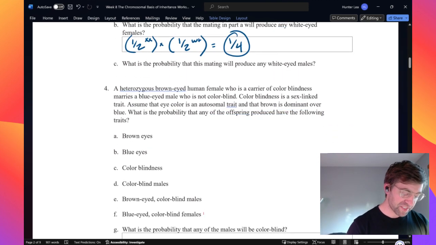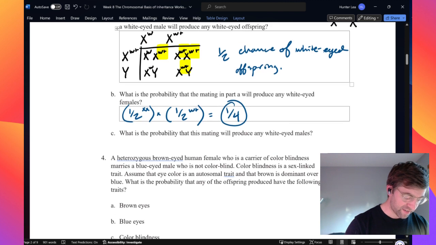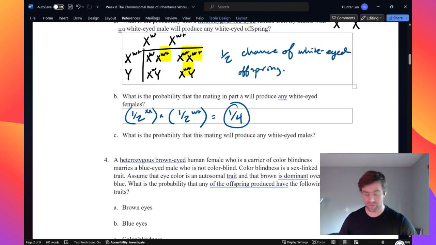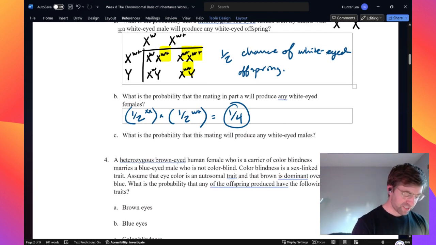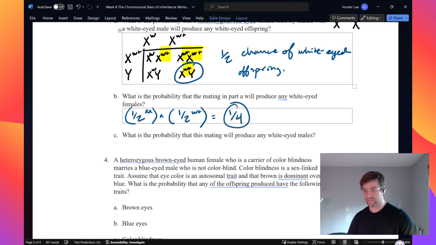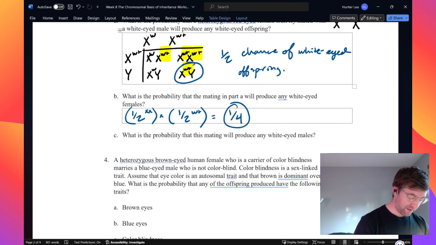What is the probability that this mating will produce any white-eyed males? Same story. I don't think I need to rehash this just because we can see it visually there, and we've just done this math. It looks exactly the same.